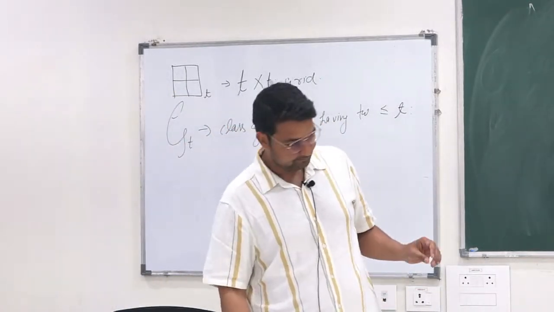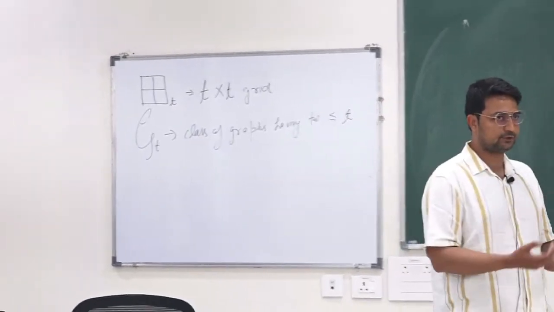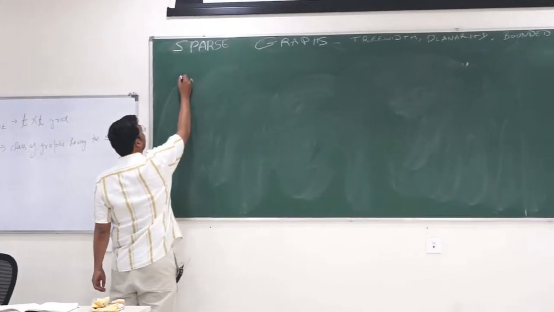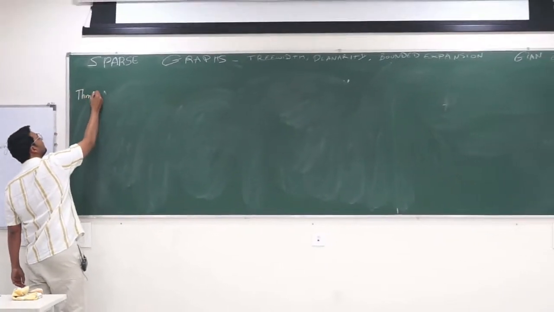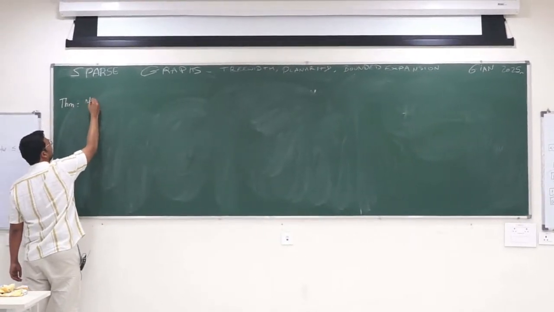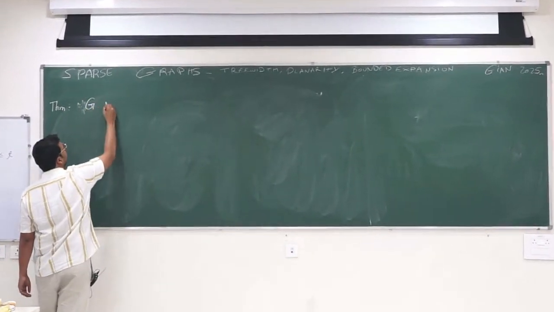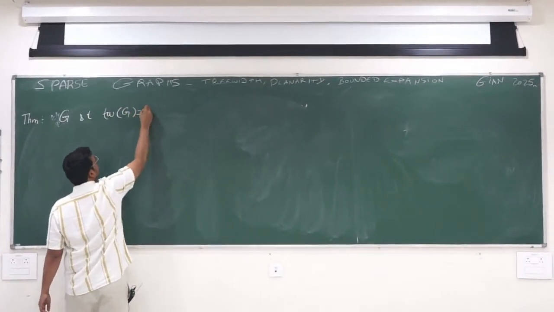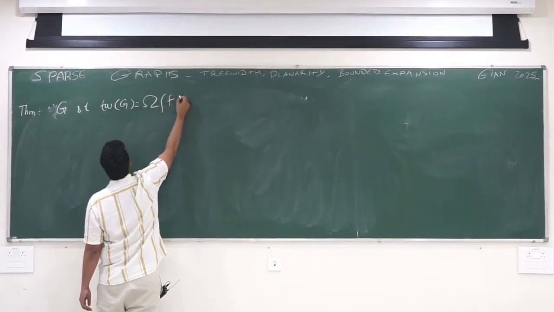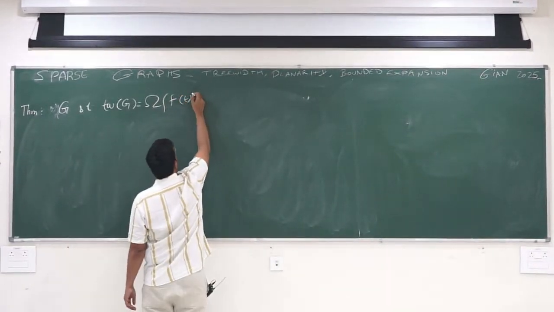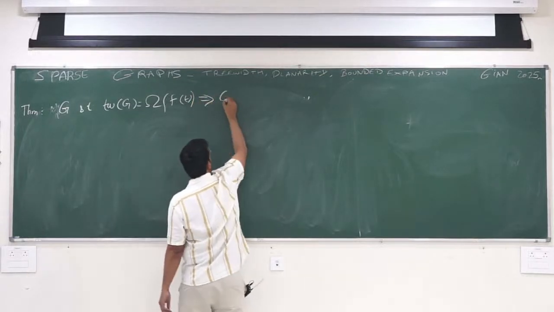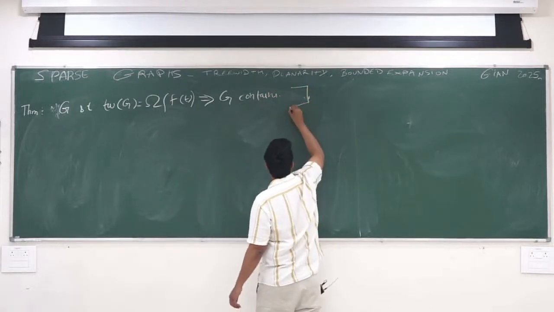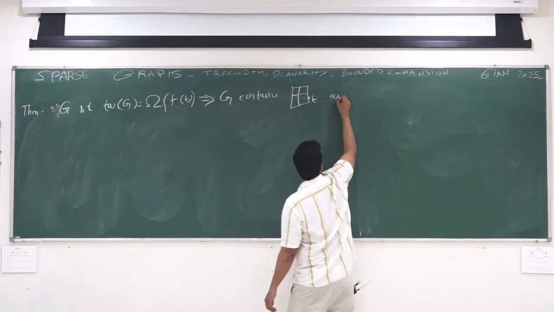So last time we saw the grid exclusion theorem, the main theorem, which says that if I have a graph G such that the treewidth of my graph G is greater than or equal to some f of p, then G contains the p by p grid as a minor.